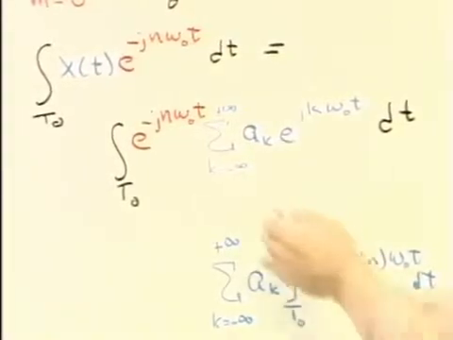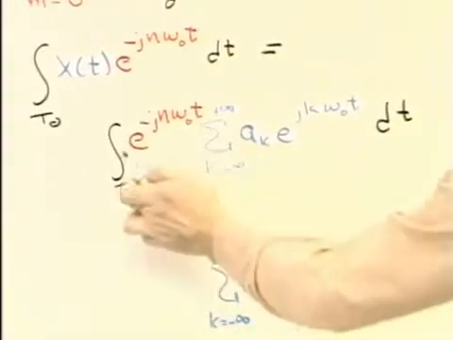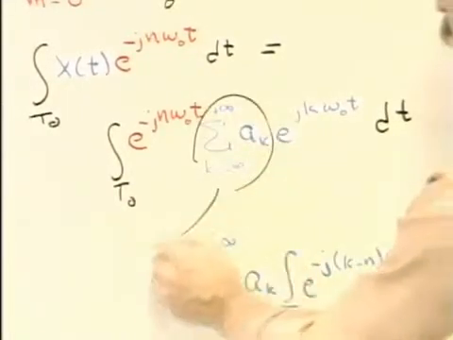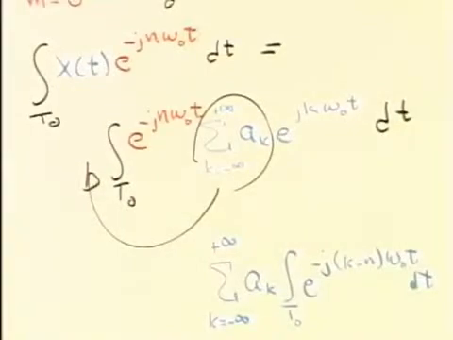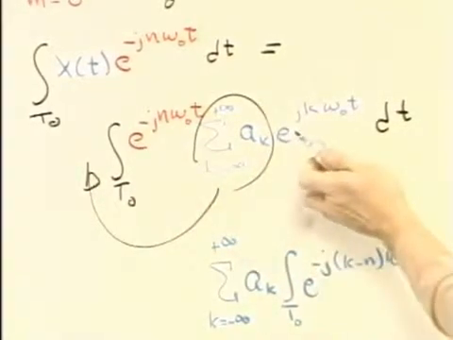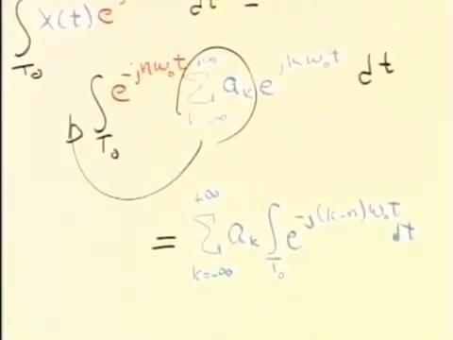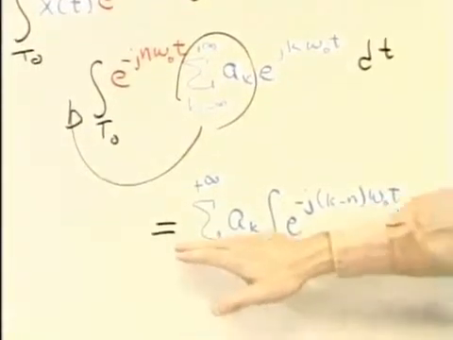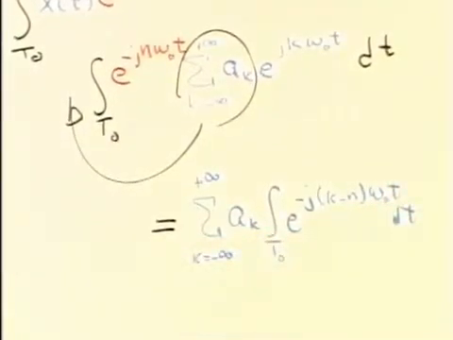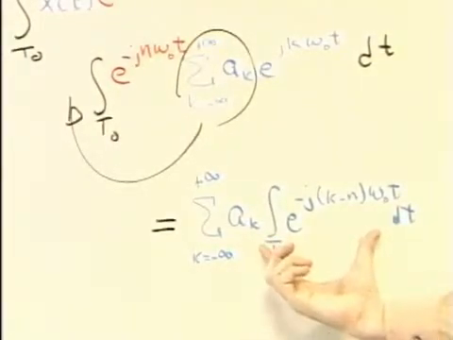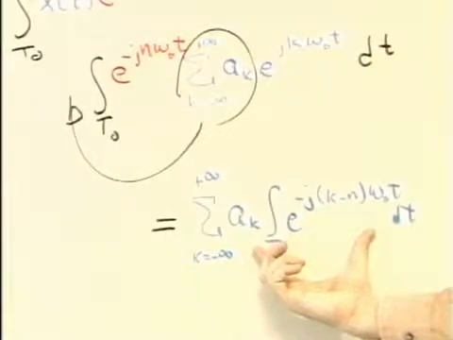And then, in essence, interchange the summation and the integration so that this part of the expression comes outside the sum, and then we combine these two complex exponentials together. Where we come out is the expression that I've indicated here. And then essentially what happens at this point algebraically is that we use the result that we just developed to evaluate this integral.